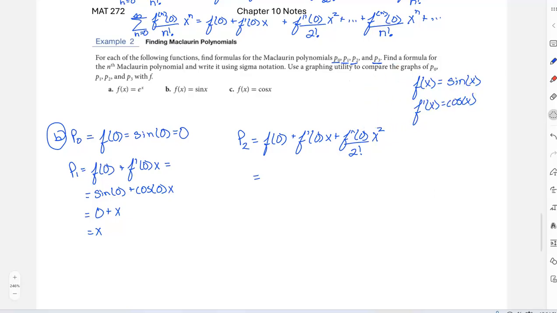So we're going to need to evaluate the second derivative. I'm going to do that off to the side. So we started with sine of x, derivative of sine is cosine of x, derivative of cosine is negative sine of x.